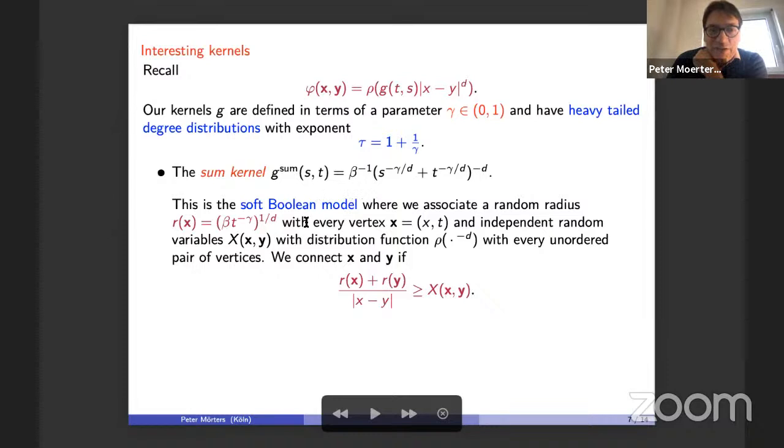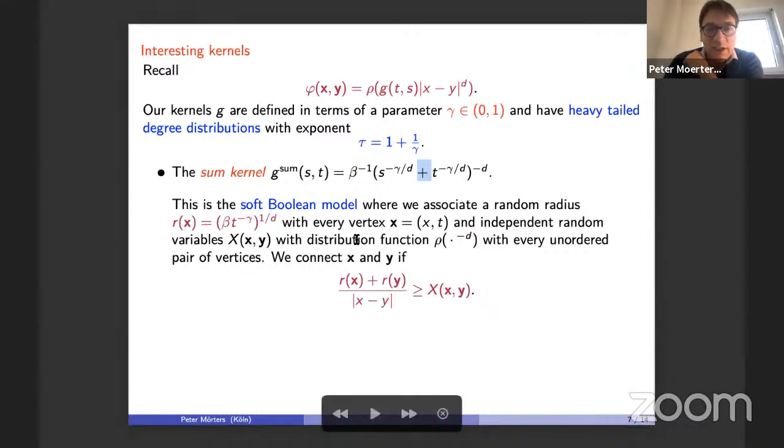If you put this g in there, and if you put rho as an indicator function, then this will be the Poisson Boolean model that I already discussed, because then the g gives us the sum of the radii, divided by the distance, and this should be bigger or equal to 1. This means that the two balls with these radii intersect, and this gives us the hard Boolean model.